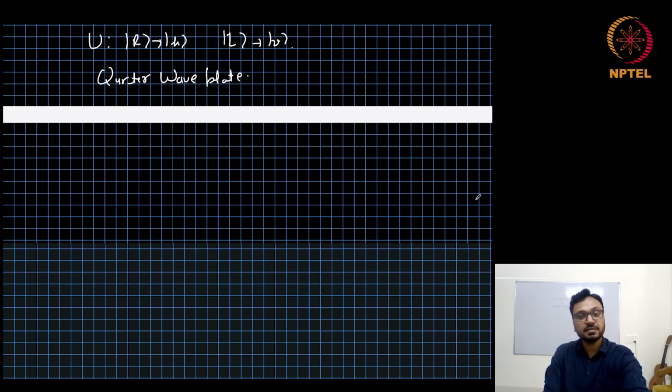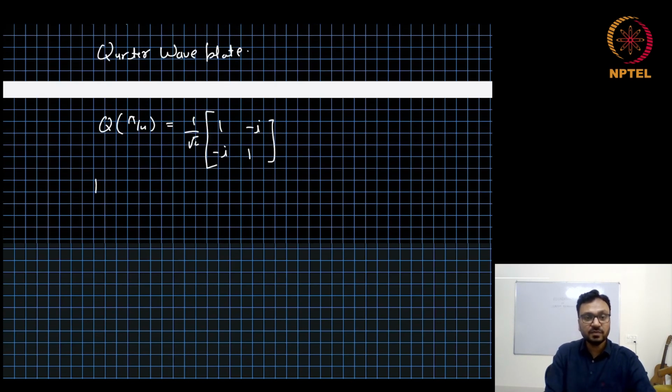Again, we are not discussing what the quarter wave plate is, but the action of it when it is rotated by pi by 4 angle; the matrix representation will be 1 over root 2, [1, -i; -i, 1]. The representation for R is 1 over root 2, (1, i), and the representation for L is 1 over root 2, (1, -i).